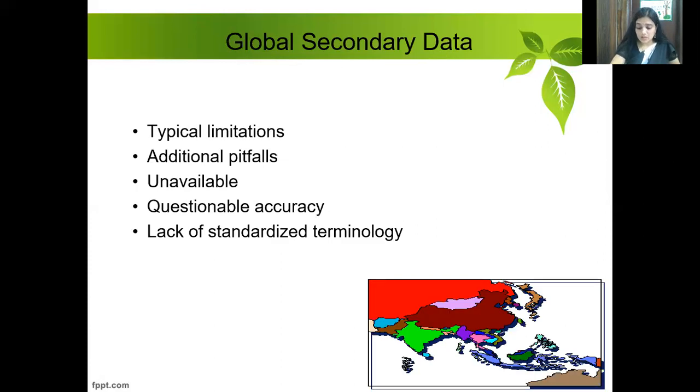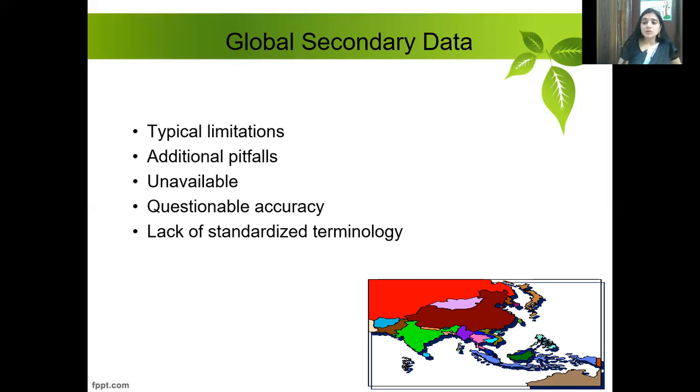Global secondary data are also helpful, but they have typical limitations, because whenever we get something easily, freely, and flexibly, there might be some limitations for that thing. Maybe some additional pitfalls are also there. Some things are unavailable. For example, you want to collect data of the global 100 companies.